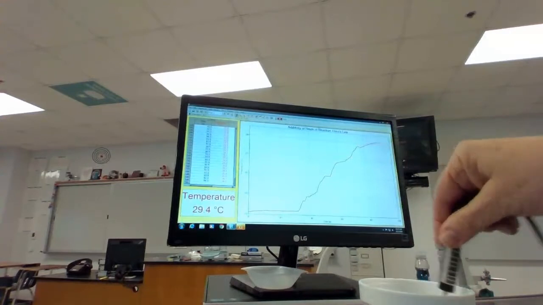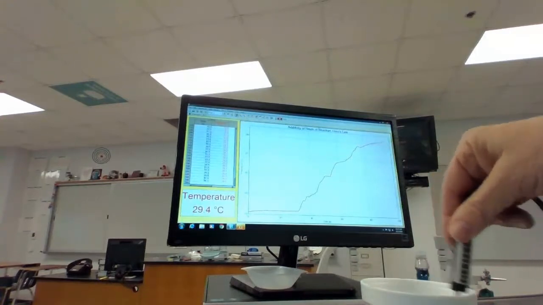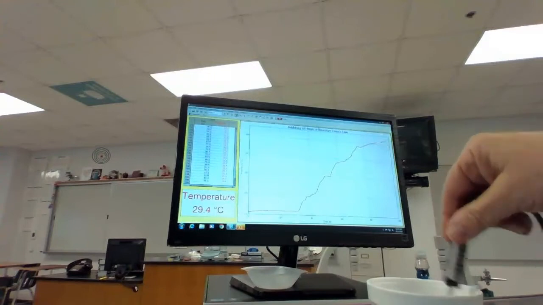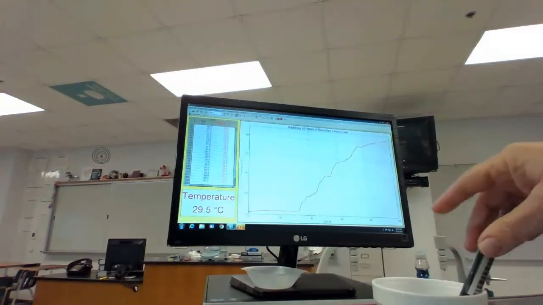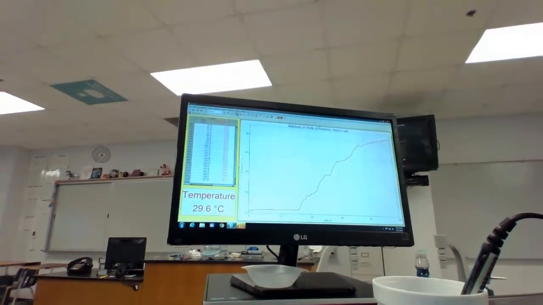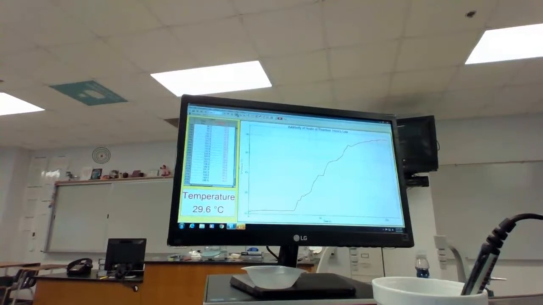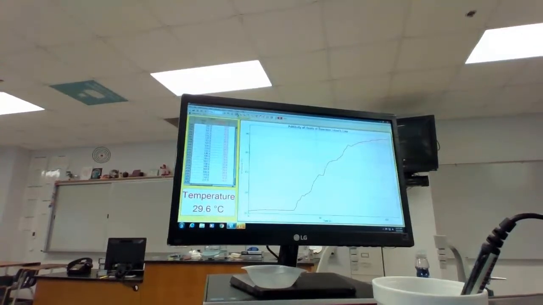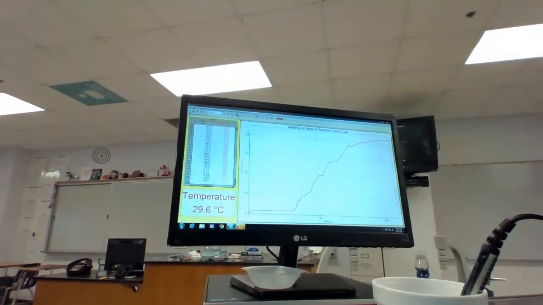And as you can see, it is looking like it is beginning to plateau out. So we're going to let it sit for a bit and see if we get anything else here. We're going to rescale that so we see what all's happening. It does look like we have plateaued out at 29.6.